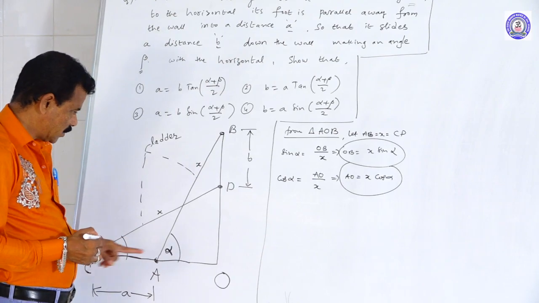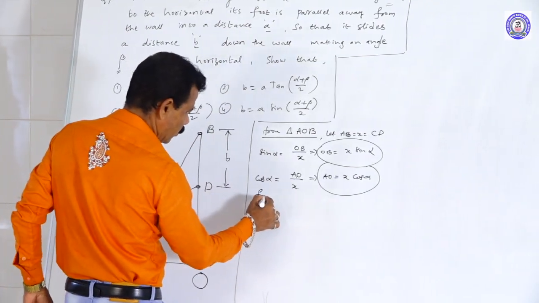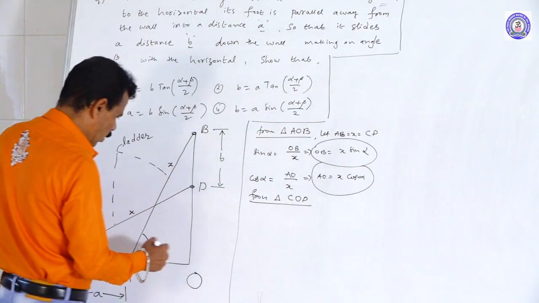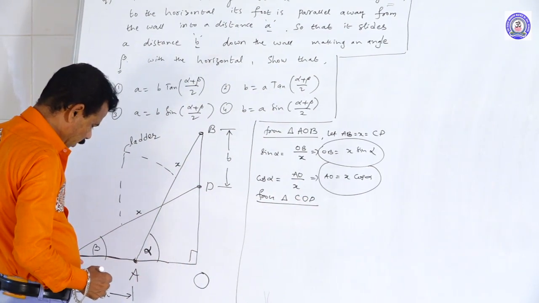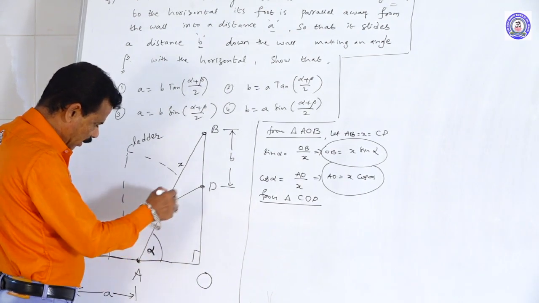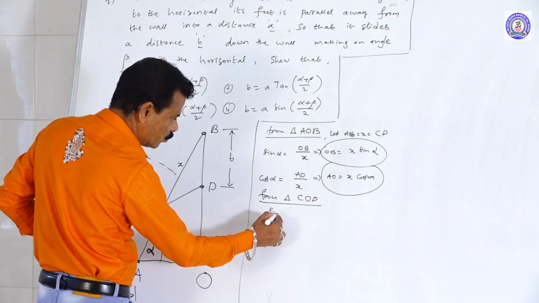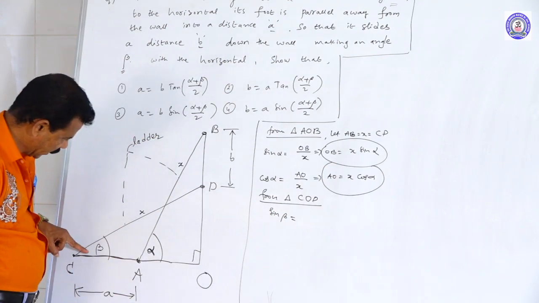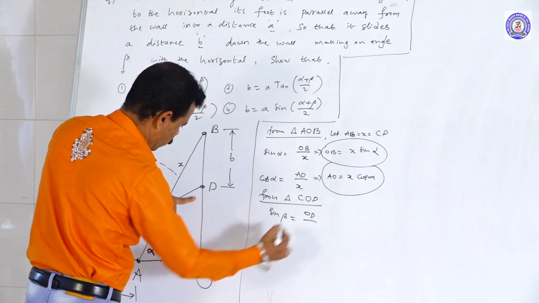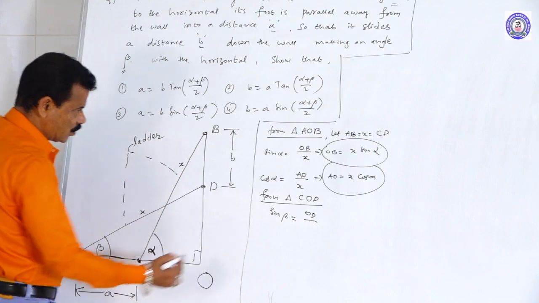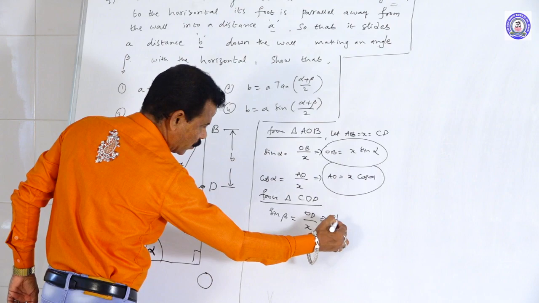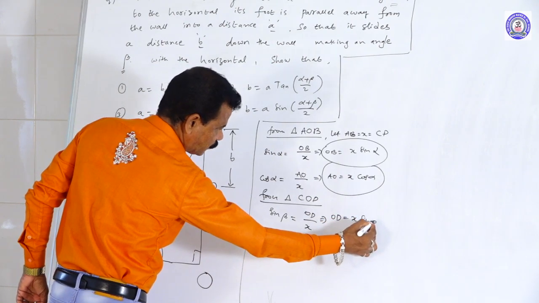Next, from triangle COD, this is also a right angle triangle. From this triangle, sin beta is equal to opposite OD by hypotenuse X, so OD is equal to X sin beta.